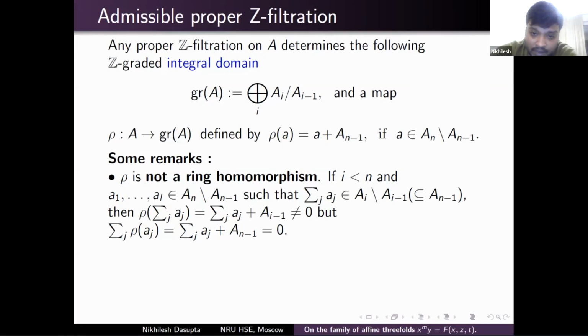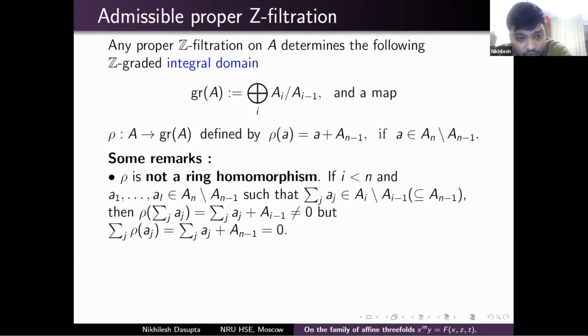It belongs to A_i, and i is strictly less than n. Then what should be rho of the summation of the a_j? By definition, since the summation belongs to A_{i}, rho of the summation should go to the summation plus A_{n-1}, that question. And it is not 0.